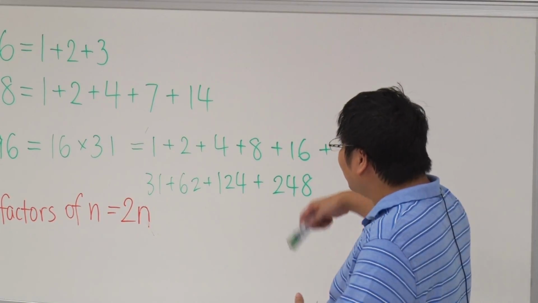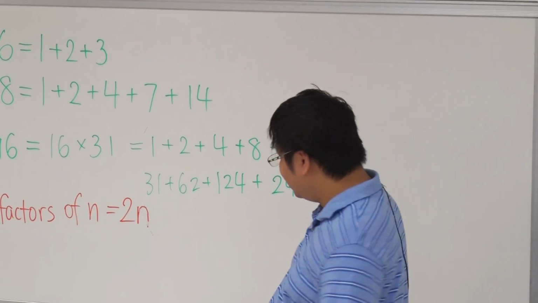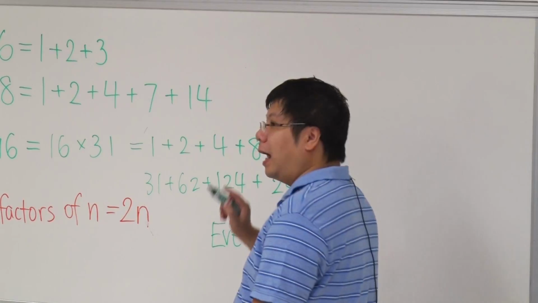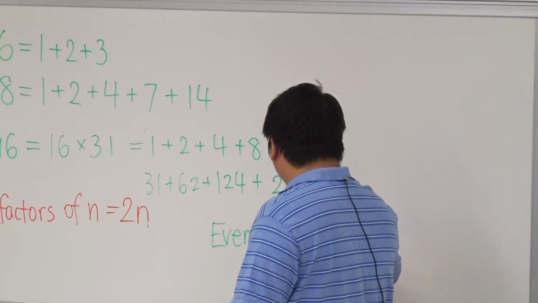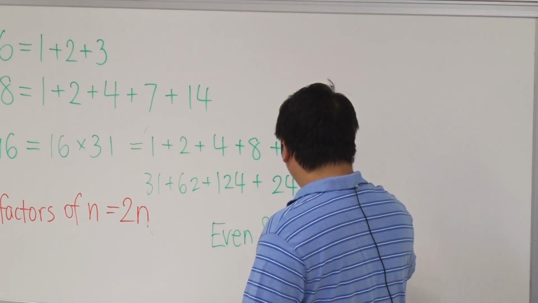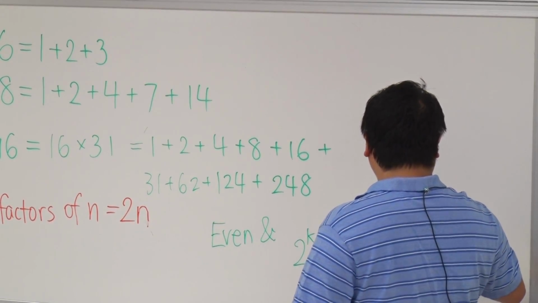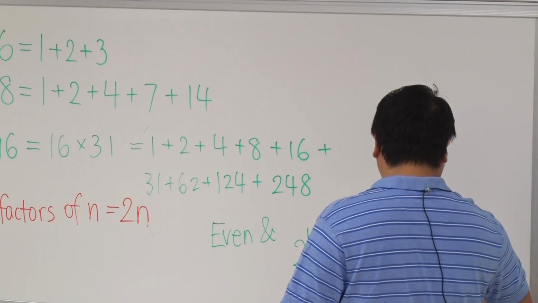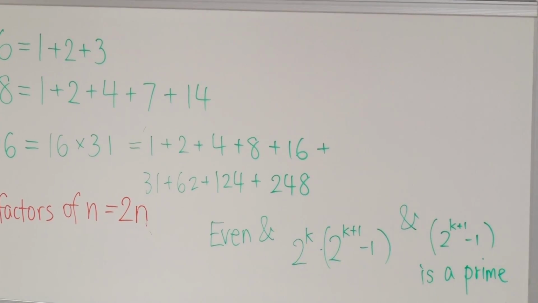Okay. So Euler discovered this thing. If a number is even and of the form 2 to the power k times (2 to the power k plus 1, minus 1), and this 2 to the power k plus 1 minus 1 part is a prime, then it is going to be perfect.